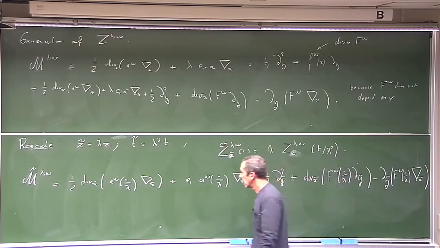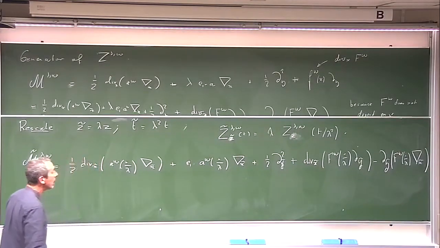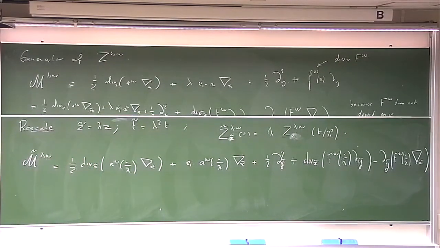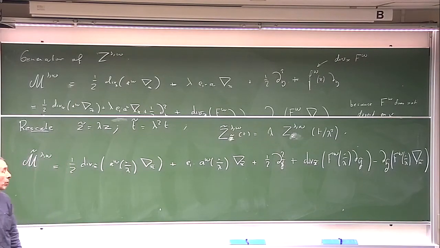Anyway, this is a family of operators in divergence form. We have uniform bounds on all the coefficients, which are uniform with respect to space and with respect to lambda.